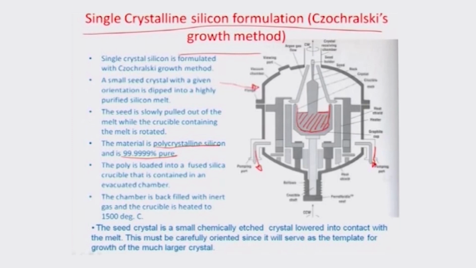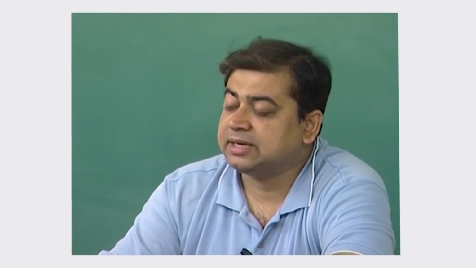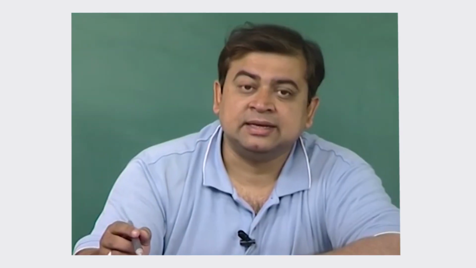So, it is an extremely pure process, and there are certain foundries in the world, like one example is MEMC, which is based in St. Louis, Missouri, which actually manufactures some of these high purity single crystalline silicon wafers.